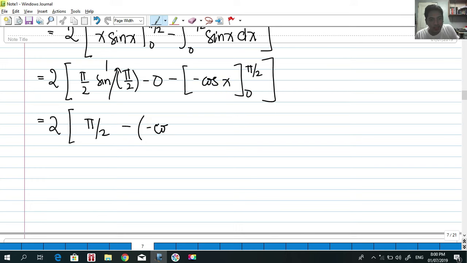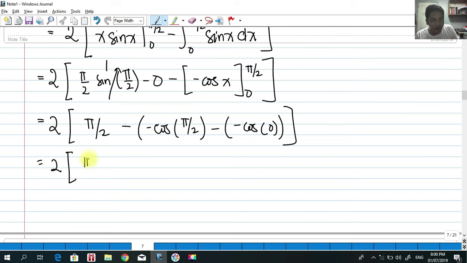So let's evaluate this: the negative cosine of pi over 2 minus the negative of cosine of 0. Cosine of pi over 2 is simply 0, and cosine of 0 is simply 1. So we have negative 1, and with the minus here, that should be positive 1, and the minus in front gives minus 1.